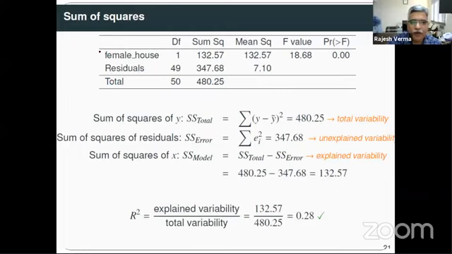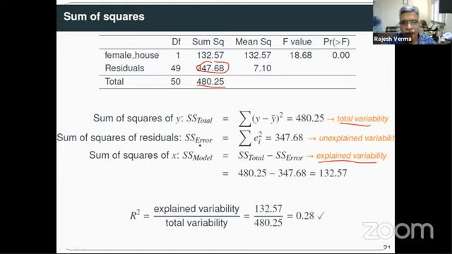By performing ANOVA, you find the total variability as SS total, sum of squares of total, that is 480.25. And then explained variability is SS model, and unexplained variability is SS error, where error is this 347.68. Residuals are basically errors.